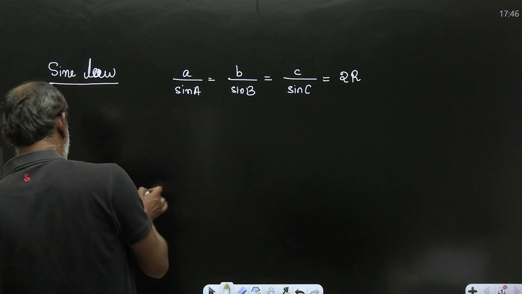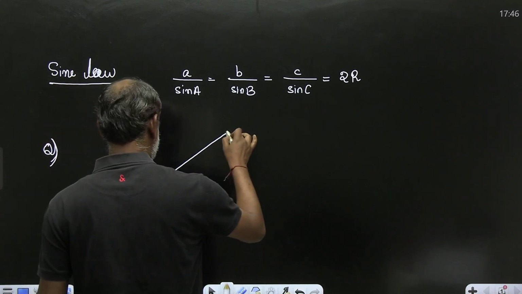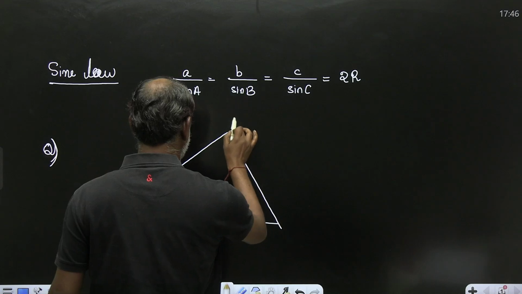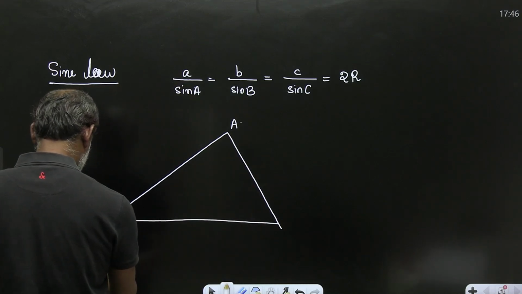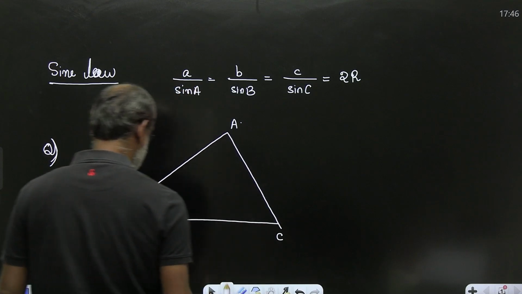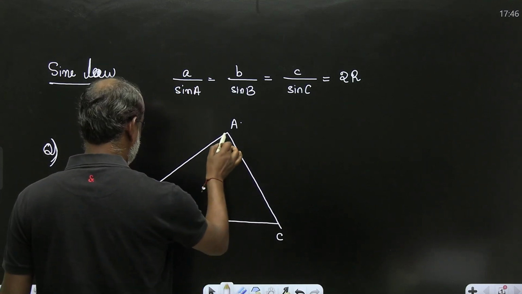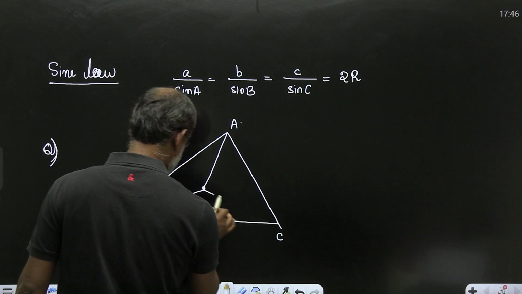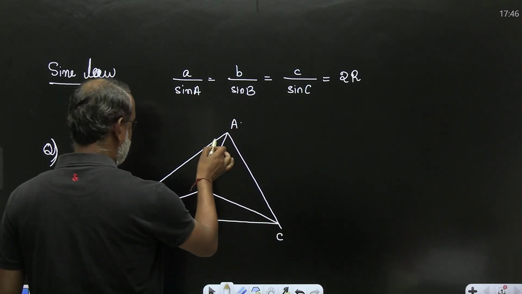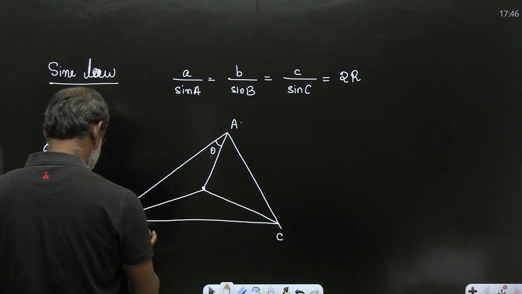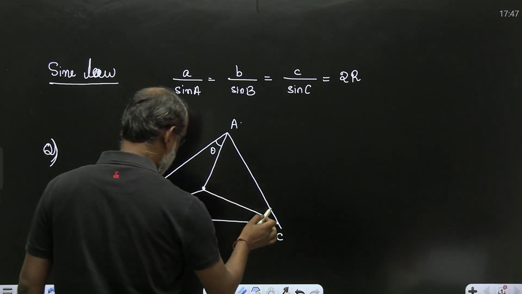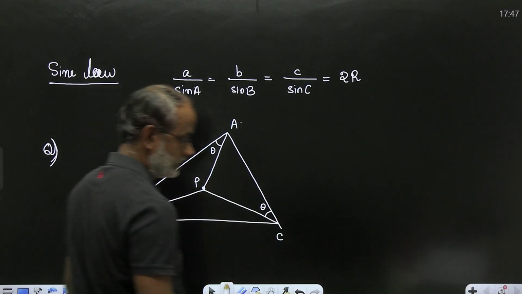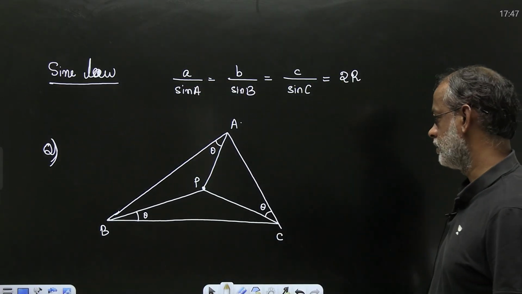Say in trigonometry, if I ask you a question like this: this is triangle ABC, and we take a point P inside the triangle. Suppose this angle is theta, this angle is theta, and this angle is theta. We have taken a point P such that this is the situation.